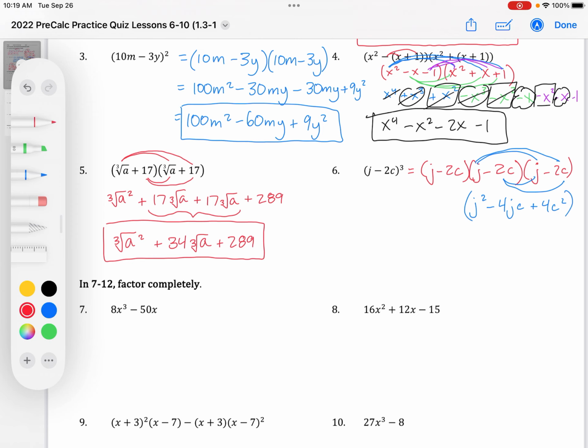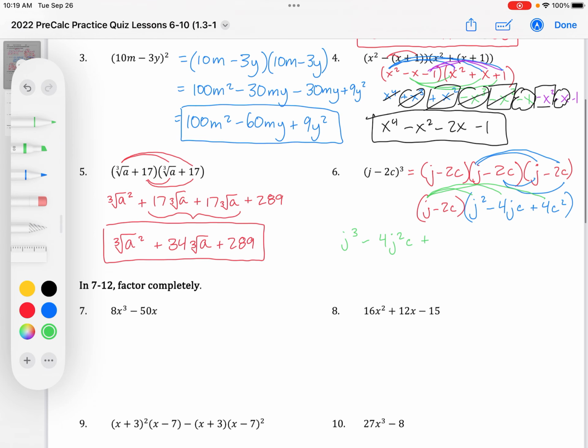All right, then we still have this j minus 2c in the front that we need to distribute. So if we distribute the j, that gives us j cubed minus 4j squared c, and then plus 4jc squared.